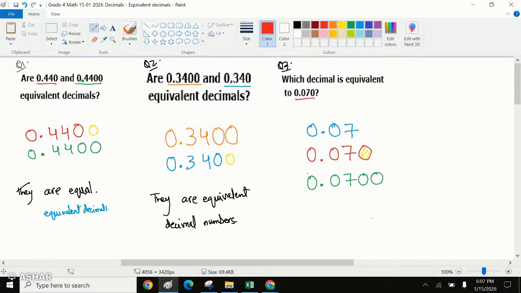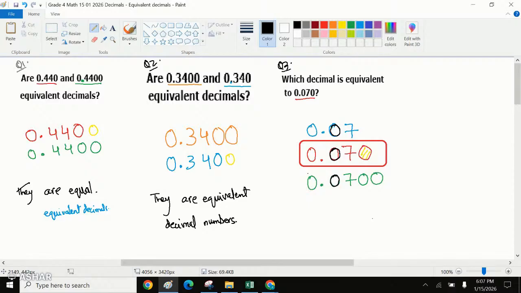So if this was the original question given to us, then these two numbers would not be equal, no, 0.07, because the first position of 0, we have to keep it as it is, right? A 0 between the decimal and the number has a value. We cannot remove that. But the 0 at the end of the number, we can remove that.